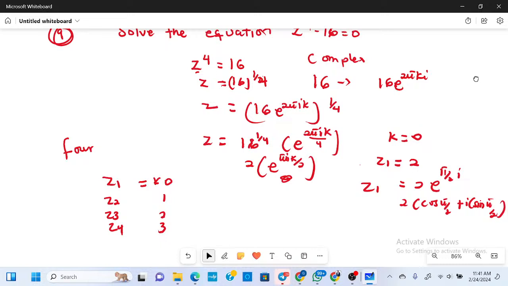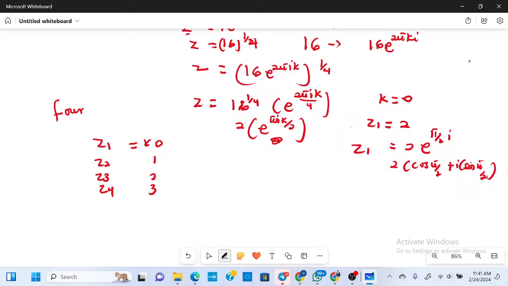Then our z3 is when k is equal to 2, and that is going to give me 2 multiplying e to the power pi i. So that is going to be 2 open brackets cosine pi plus i sine pi.